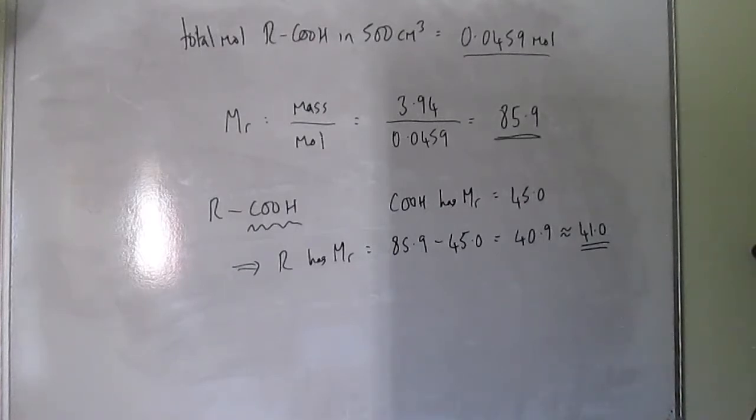So to an extent you have to use trial and error here and say, well, how many carbons could it be? Well, if it was 4 carbons, that would add straight away 4 12s of 48, so that's too much. 3 carbons, 36, would leave 5 more, so that looks reasonable. 3 carbons, 5 hydrogens. If we had only 2 carbons, we'd need a huge number of hydrogens, so that doesn't work.